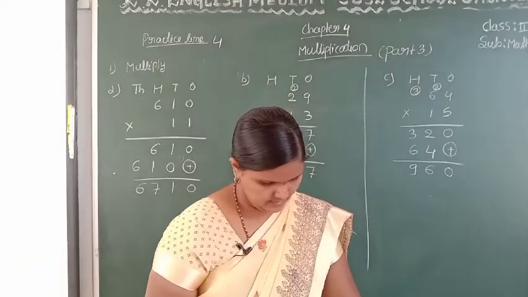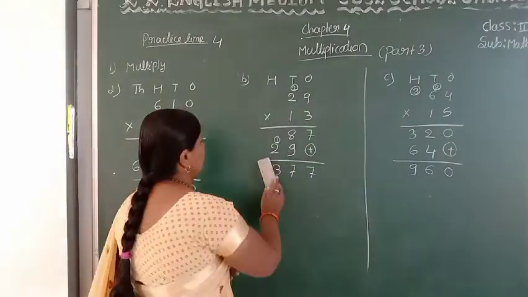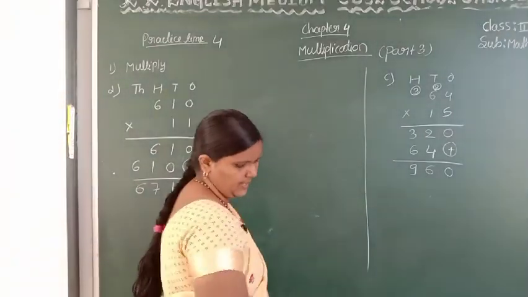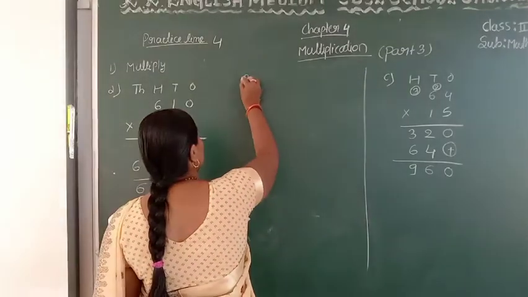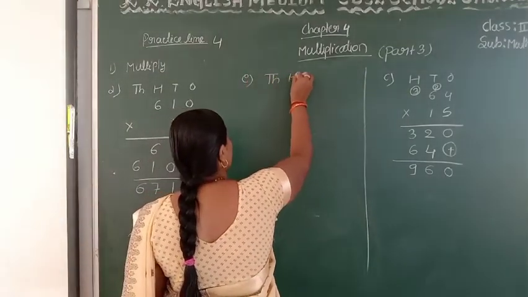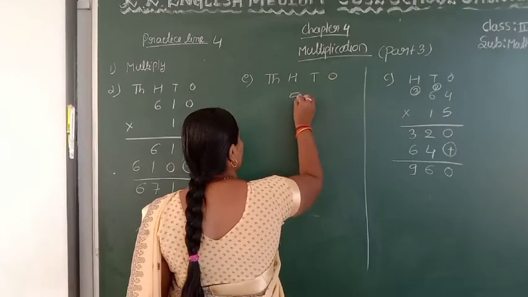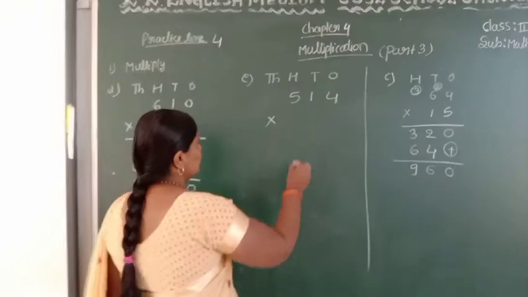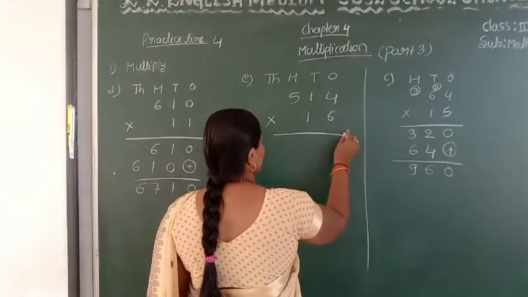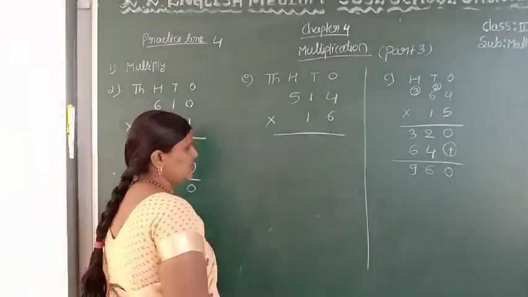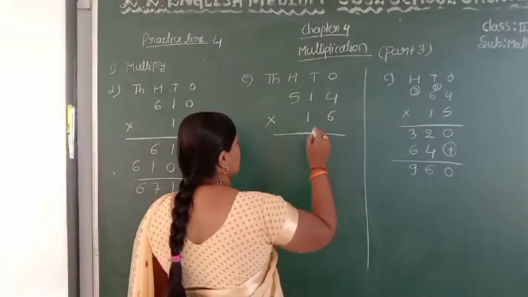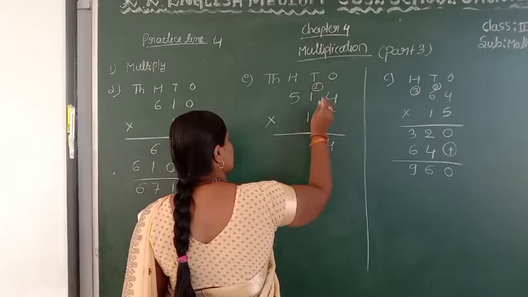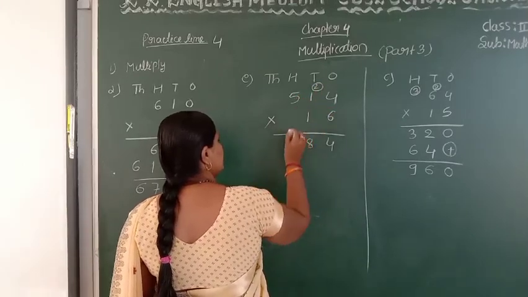Next, E: 514 into 16. Okay, 6 4s are 24. Write 2 and 4. 6 1s are 6, 6 plus 2 is 8. 6 5s are 30.